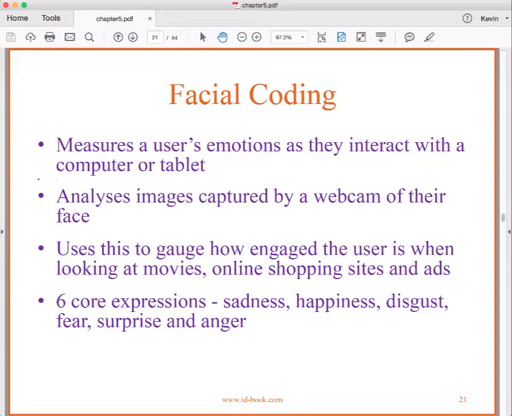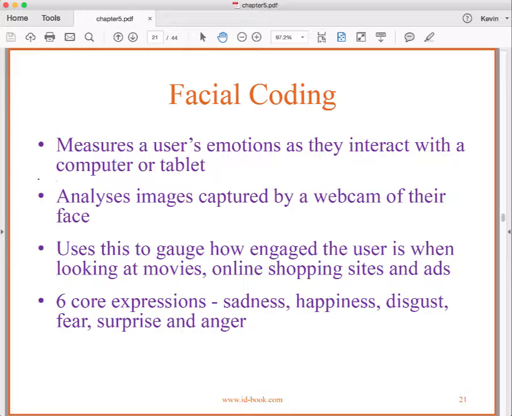So facial coding is this way of measuring the user's emotions as they interact with a computer or a tablet. It analyzes the images that are captured by a webcam of their face. They use this to gauge how engaged the user is when looking at movies, online shopping sites, ads.